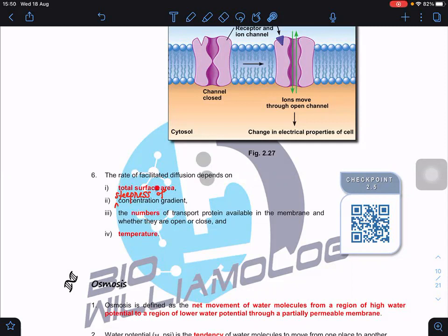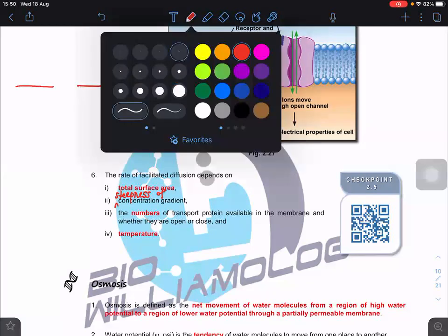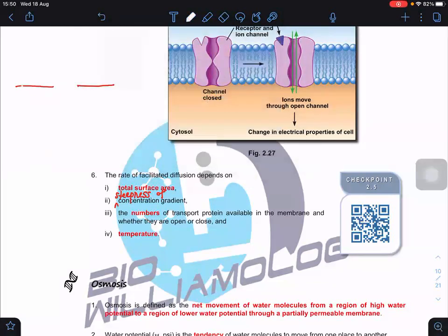So surface area is not really very, very important. Try to imagine this is my surface area, both of them have the same surface area, but the first one only has 2 ion channels. The second one has 4 ion channels.